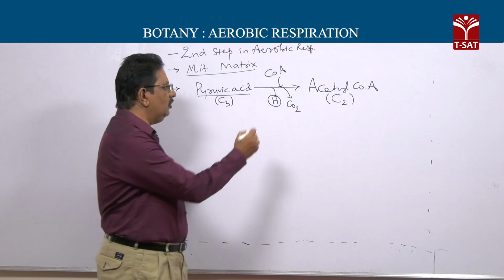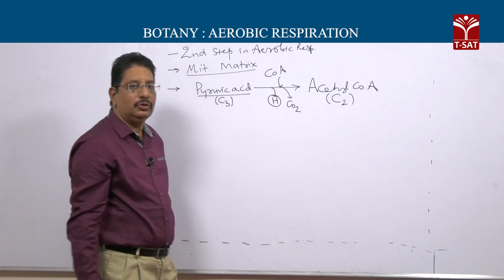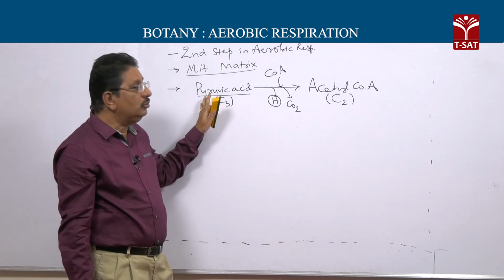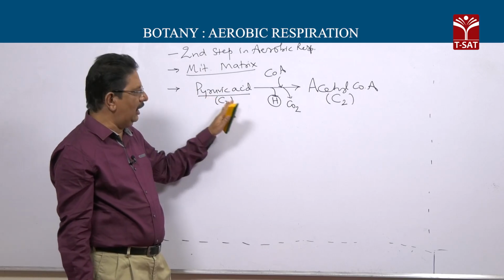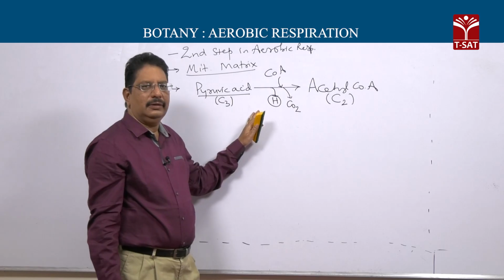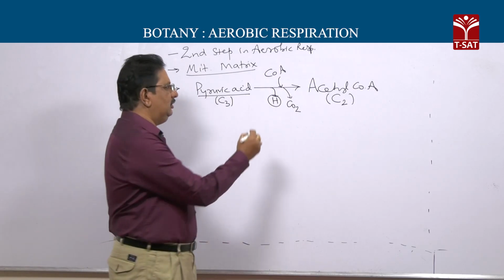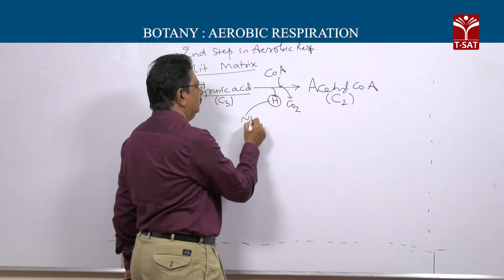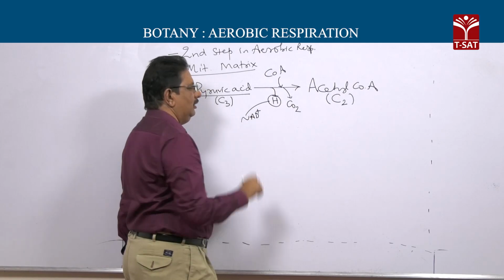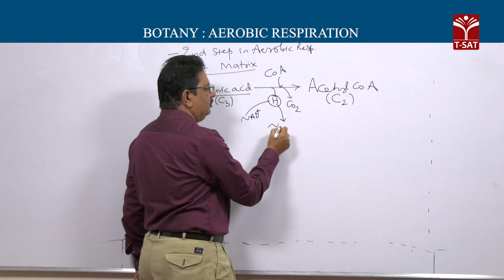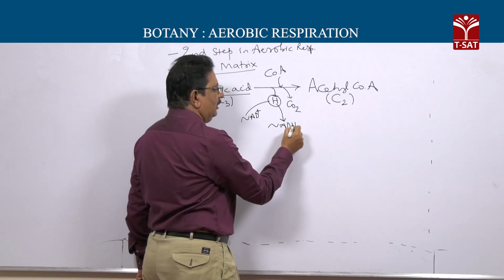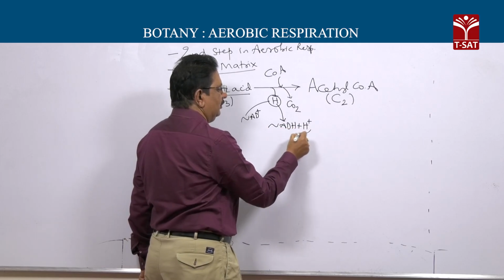The hydrogens are once again removed from the glucose residue available in pyruvic acid, and the hydrogens are taken by NAD+, which is reduced into NADH+H+.